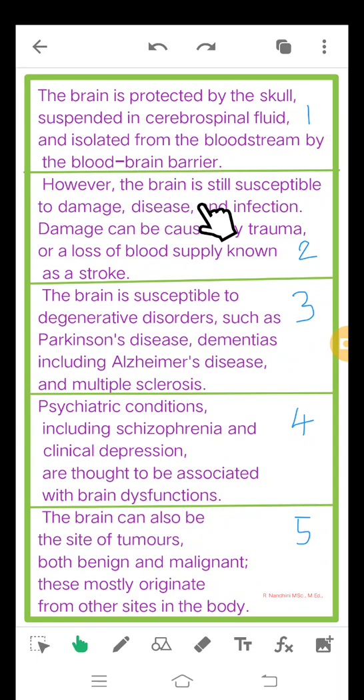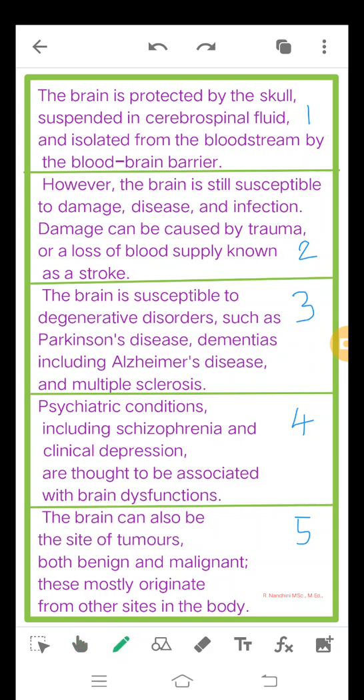Second point, however, the brain is still susceptible to damage, disease, and infections. Damage can be caused by trauma, loss of blood supply, or stroke. Then the brain is susceptible to degenerative disorders.